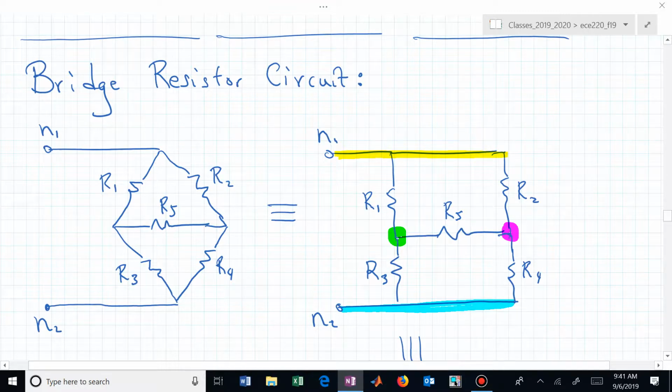That's bridging across the two nodes, the node on the left and the node on the right. Just to keep track of the ordering or the structure of these R's in this circuit, I have odd subscripted R's on the left and even subscripted R's on the right. I have R1 and R3 on the left. I have R2 and R4 on the right. And the bridge connecting them contains a resistor R sub 5.